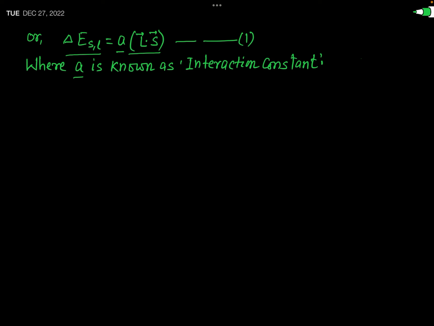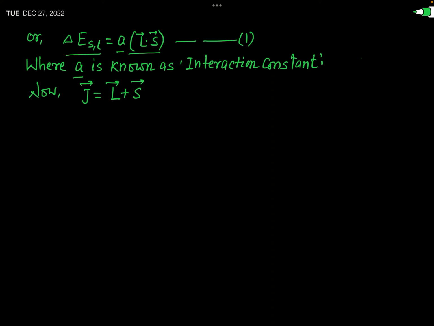Now due to the spin orbit interaction, we get the total angular momentum J of the atom, which is given by the vector sum of L and S. So you can write J equal to L plus S.